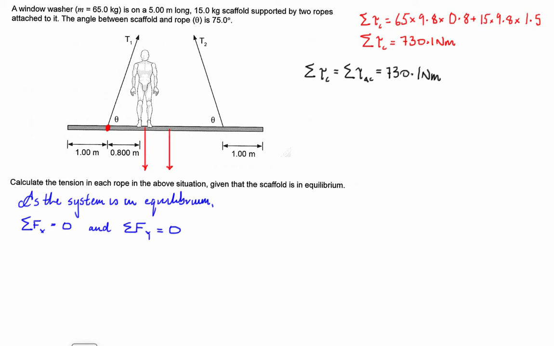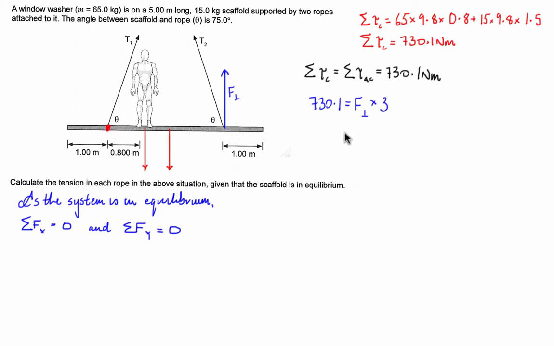So we're going to work out what torque has to be provided through the blue, and then figure out the component of that which is in this plane here. Let's call this the force perpendicular. We know that 730.1 has to be equal to the force perpendicular times the distance, and the distance of this to there is going to be 3 meters.